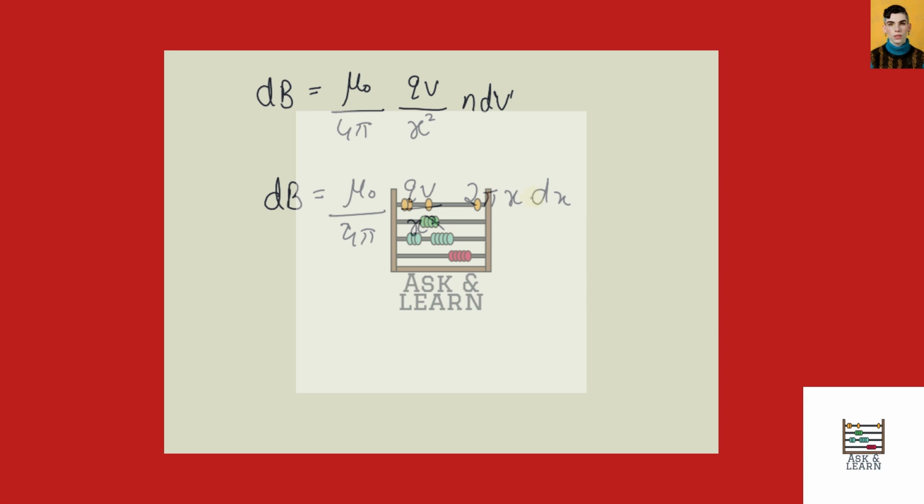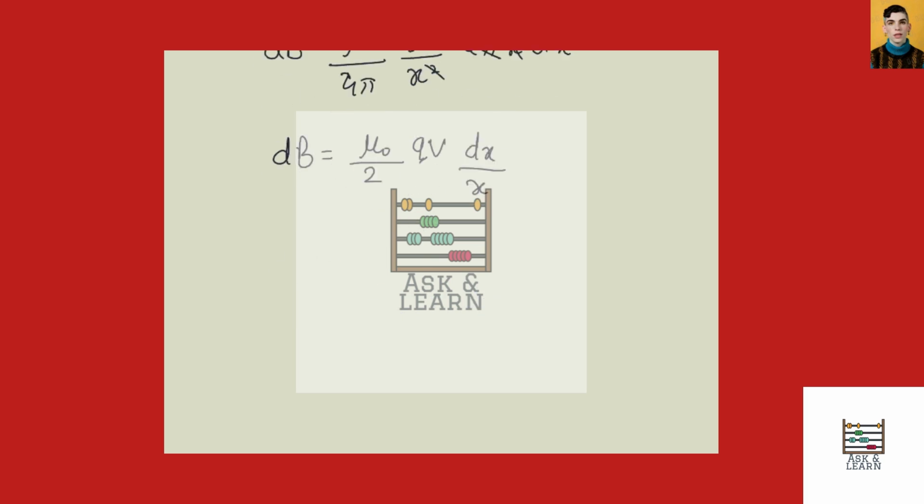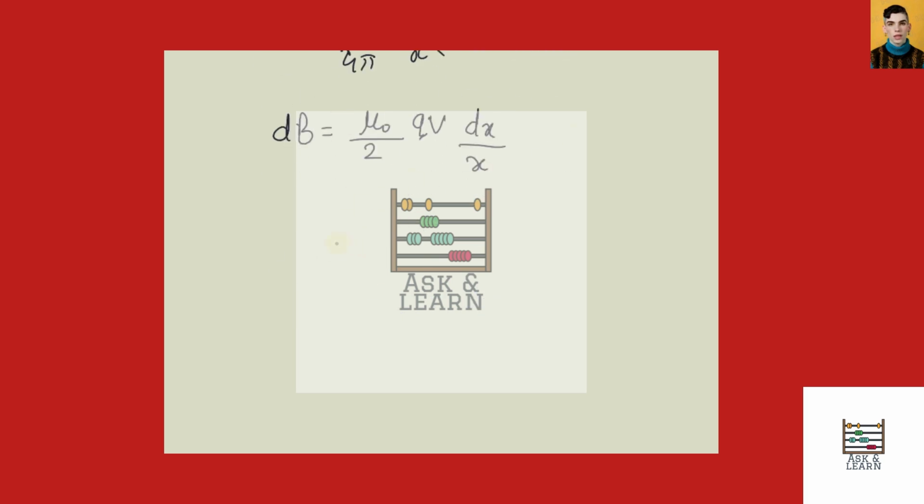So one of the x gets cancelled, and dB we get as mu naught divided by 4 pi. Actually this also gets cancelled, and we get mu naught upon 2 into q times v into dx upon x. Now if we integrate this with proper limits, we will get B.